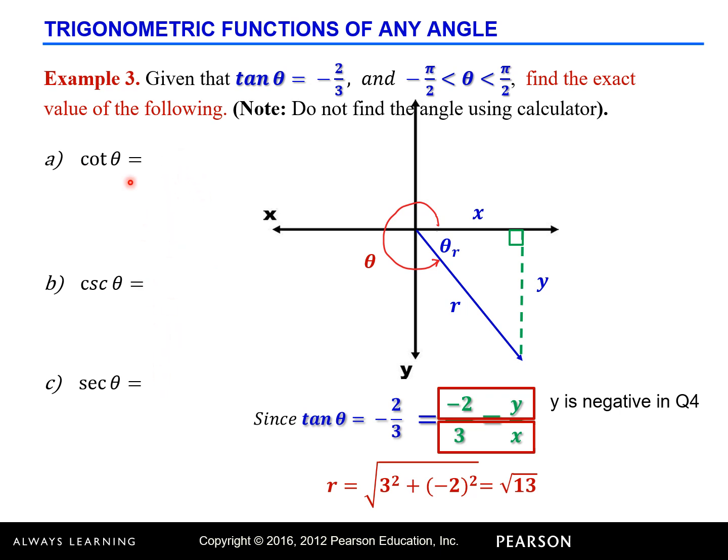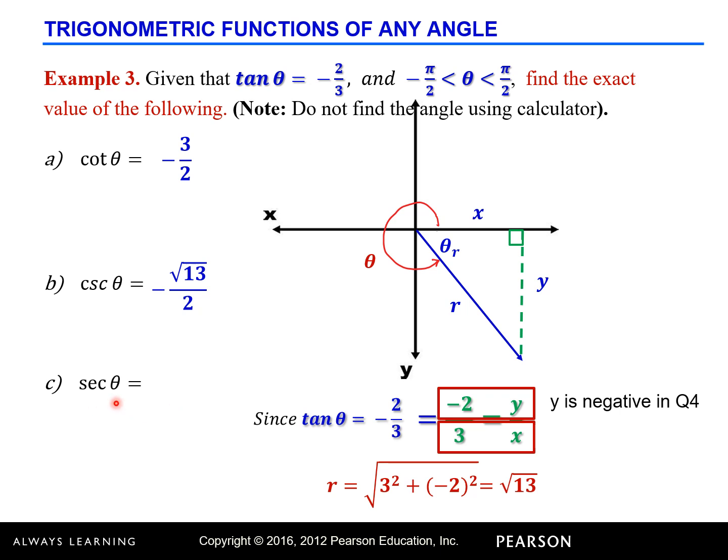For cotangent, cotangent theta is the reciprocal of tangent, so it is defined as x over y, and x over y is negative 3/2. Then for cosecant theta, which is the reciprocal of sine, it is defined as r over y, and r over y is negative square root of 13 over 2.